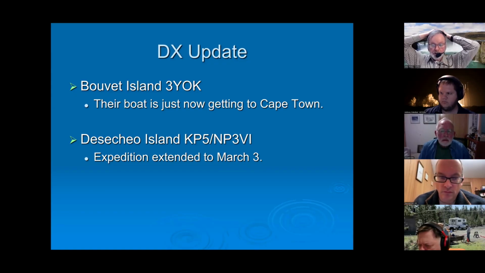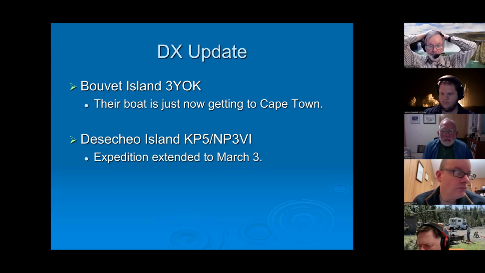So this expedition was supposed to head out on the 1st of February. They had a 2 week delay on some other repairs that needed to be made on the ship, so it was 2 weeks late leaving. When I last looked at the ship location, it looked to be about 200 miles off of Cape Town, South Africa.